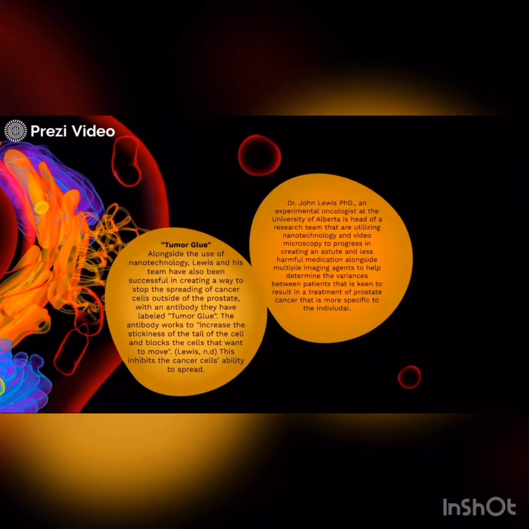Current research. So Dr. John Lewis is an experimental oncologist out of the University of Alberta and is head of a research team that has been utilizing nanotechnology and video microscopy to progress in creating a less harmful medication to help determine the variances between patients that is keen to result in a treatment of prostate cancer that is more specific to the individual.